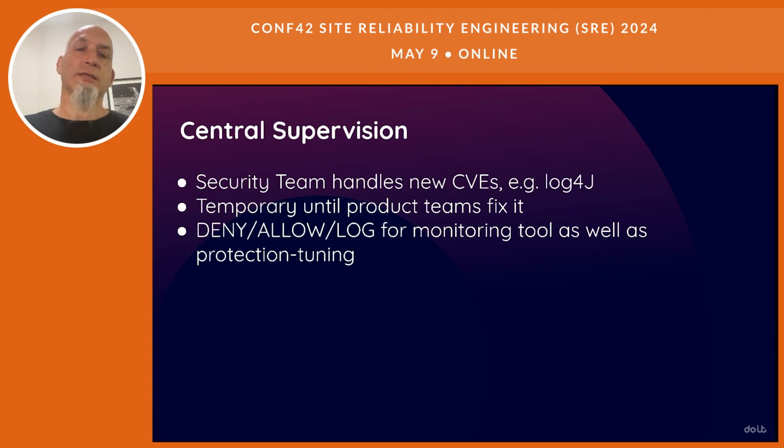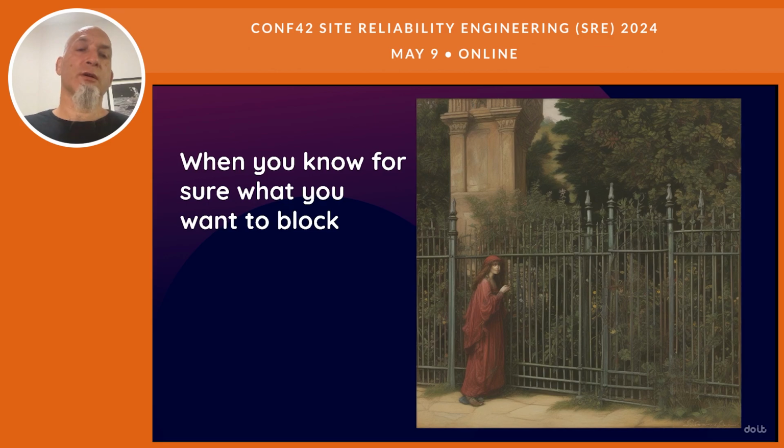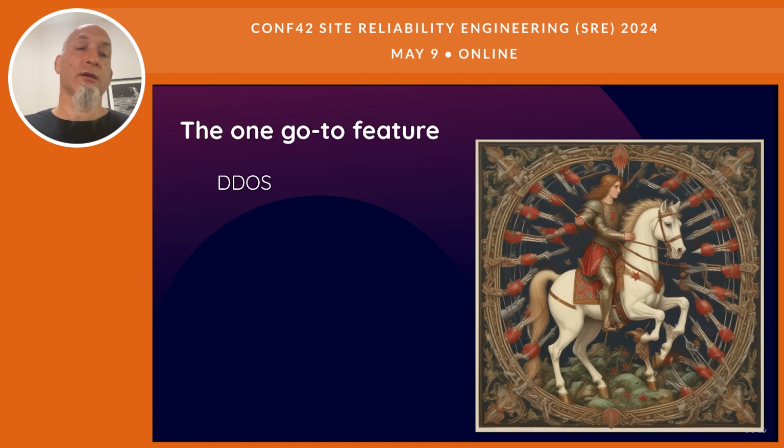It's part of a process across a large organization. Another reason to use the WAF is if you absolutely know what you're blocking, you know there's a hacker coming from a specific IP, or you have a business partner and you want to whitelist their IP addresses and let no one else through, and you've chosen not to use a normal firewall. Just some examples when you know what you want to block.